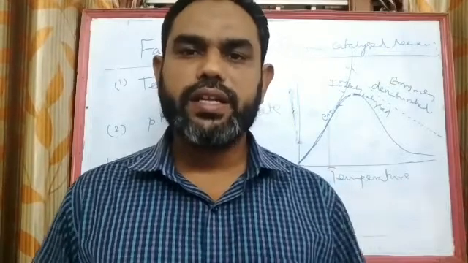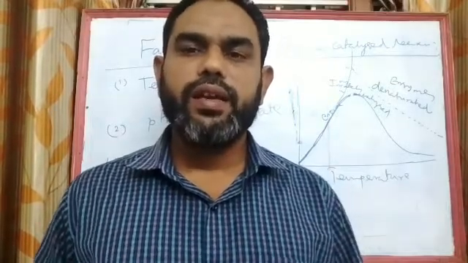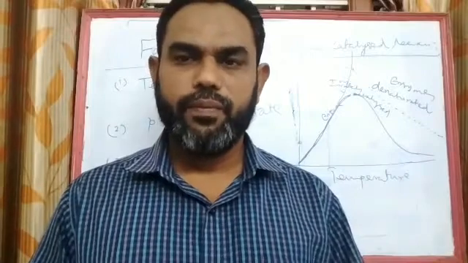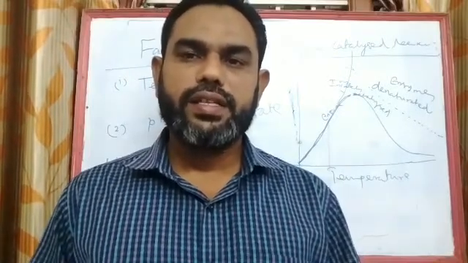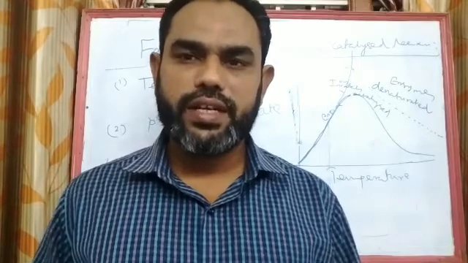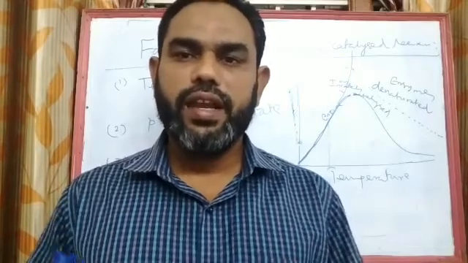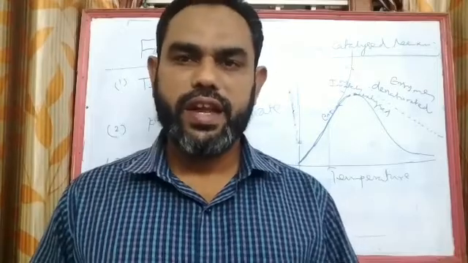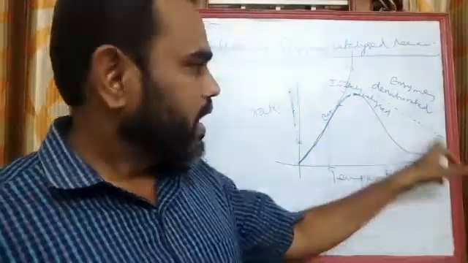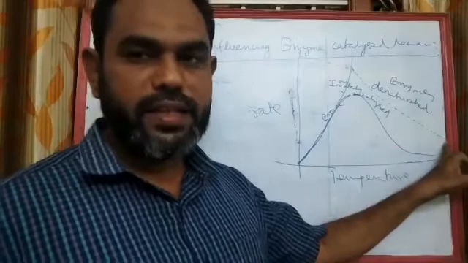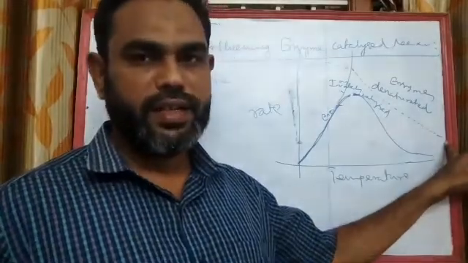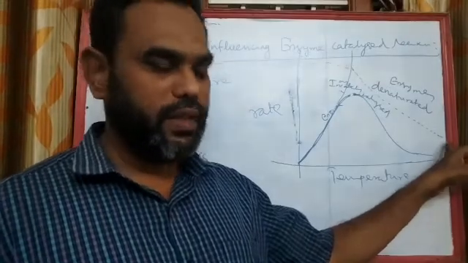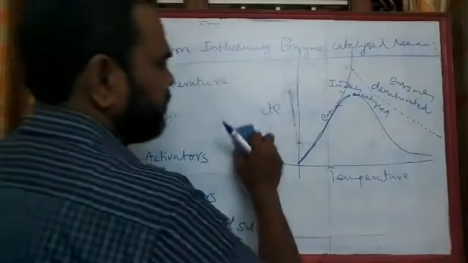They get denatured and lose their activity. Okay, so at a high temperature, the enzymes become totally denatured and will not have any effect on the reaction rate, and hence there is a drastic fall in the reaction rate at elevated temperature. Okay, and next let us see the influence of pH.